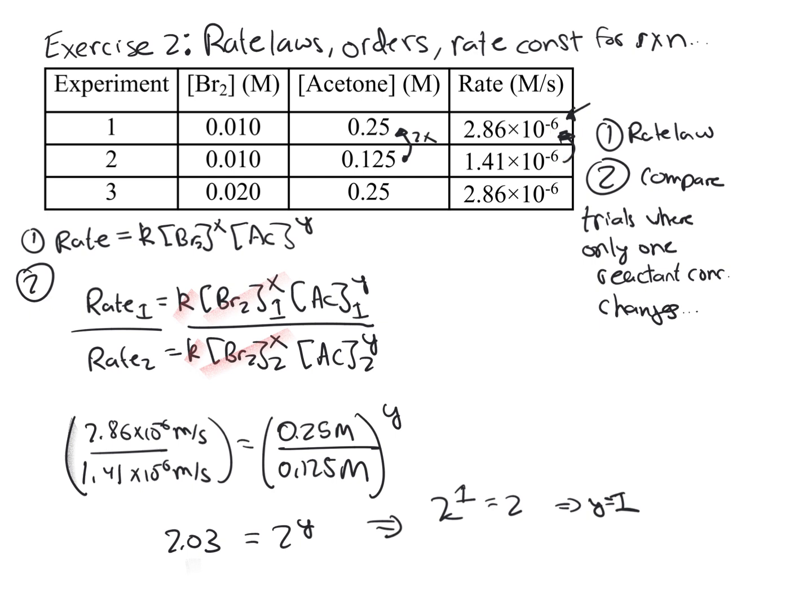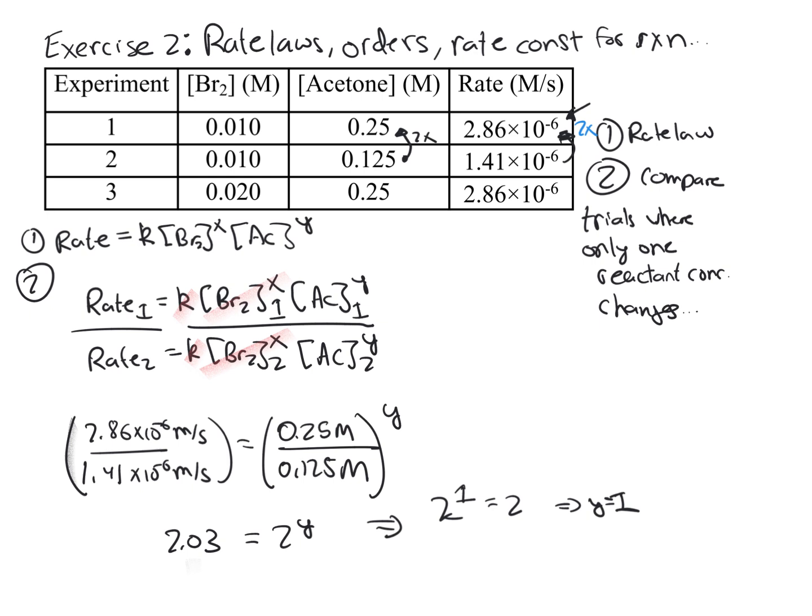So we could have seen that more directly by seeing that doubling the concentration of acetone, holding the other reactant concentration constant, caused the rate to double. That's a first order or linear relationship where doubling the independent variable causes the dependent variable to double.